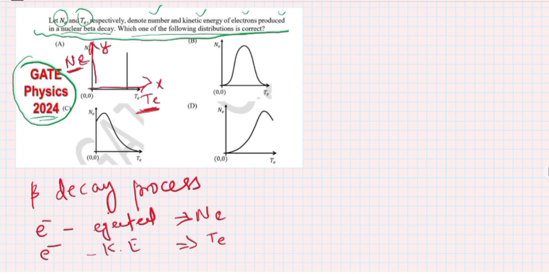Basically, this is a beta decay process, and during that process, electrons are produced. The electrons come with some kinetic energy, which is Te, and the number of electrons ejected is Ne.